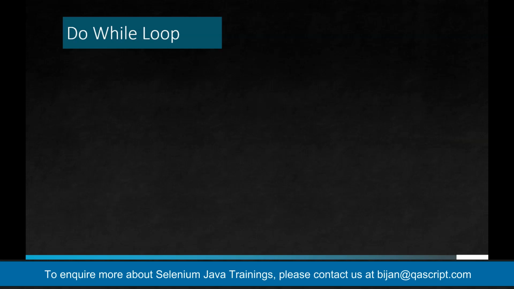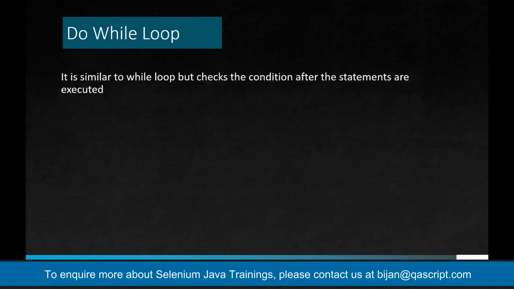So coming to the next one, which is a do-while loop. Now it might sound similar to the while loop, but there is a little difference. It checks the condition after the statements are executed. In a while loop, you check the condition first, but here you execute the statements and then check the condition.